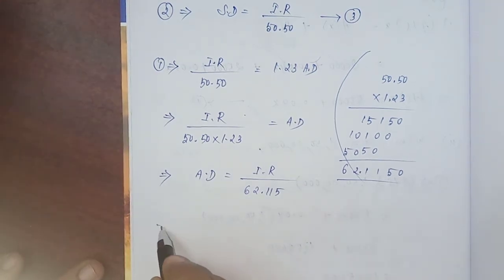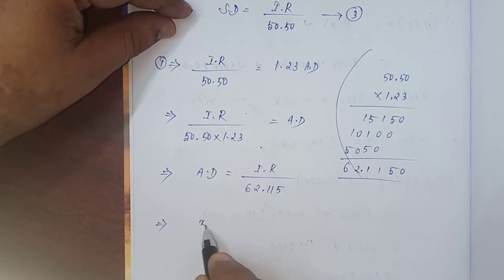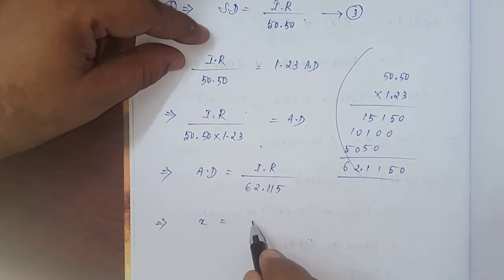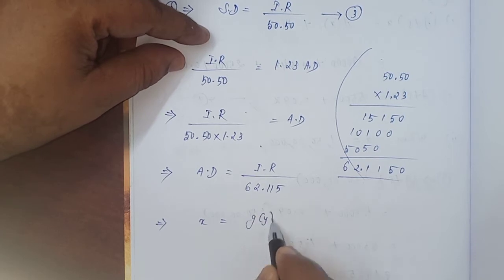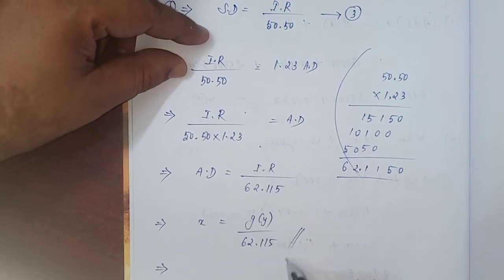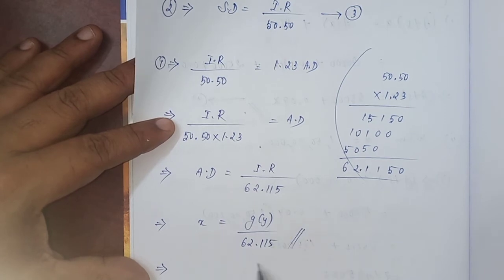So here you write, this is X, American dollar, that is X, Indian rupee, that is g of y divided by 62.115, which implies this is the answer actually. X represents American dollar in terms of Indian rupee.